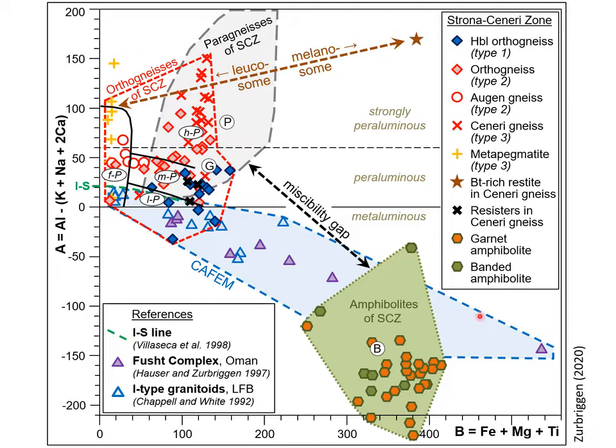For example, in this bluish area here are the so-called CAFEM series. These are magmatic suites rich in calcium and iron and magnesium. And you develop such series when you start with a basaltic source rock, which then is going to fractionate to develop intermediate and felsic granitoids, reaching into the field of peraluminous rocks, but only at its tip.